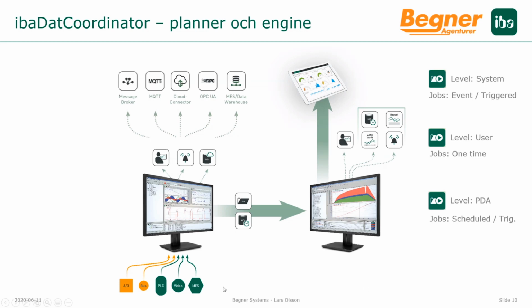On the user level, normally one-time jobs are done. You do something one time, maybe you take this average temperature in a furnace zone and you perform it for very many occurrences, but it's enough to do it one time because then you have all the data to work on, and then one-time jobs are used.